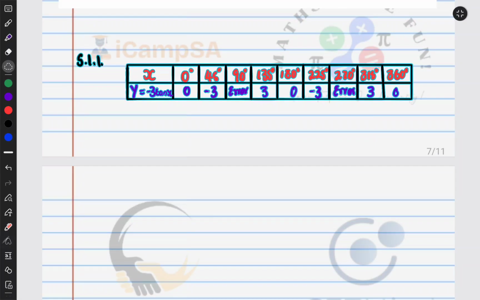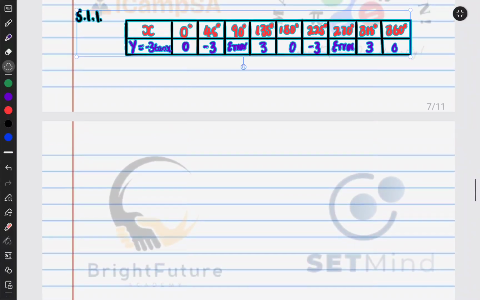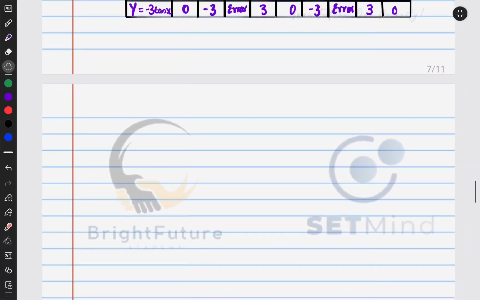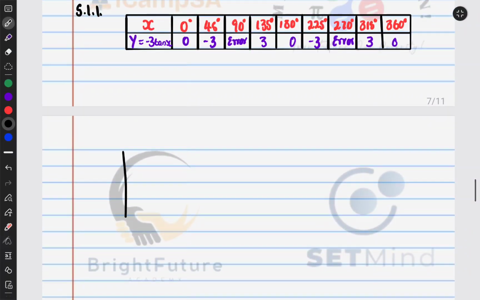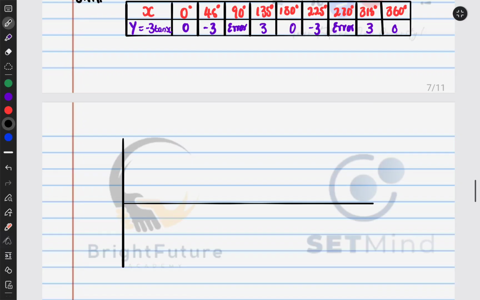Let me put the table a little bit lower so that it can be visible from here. Okay, and then for our trig, this will be our trig. Let's say 1.5 to 3. This will be our 3 here.